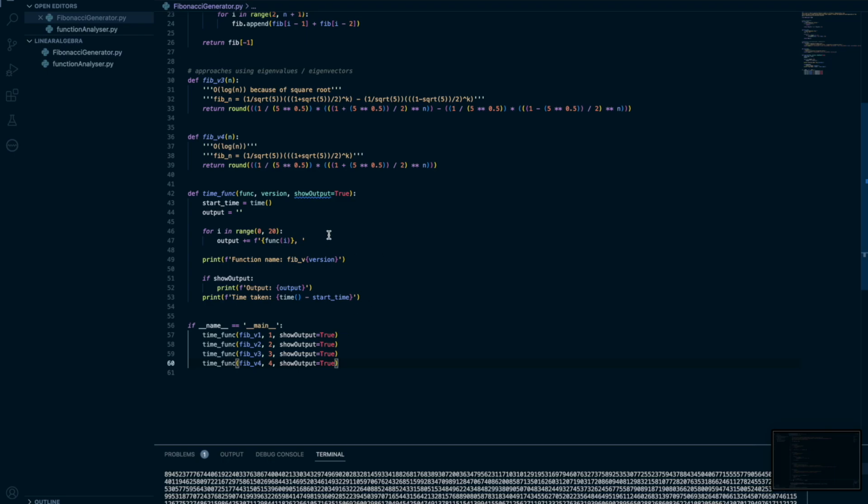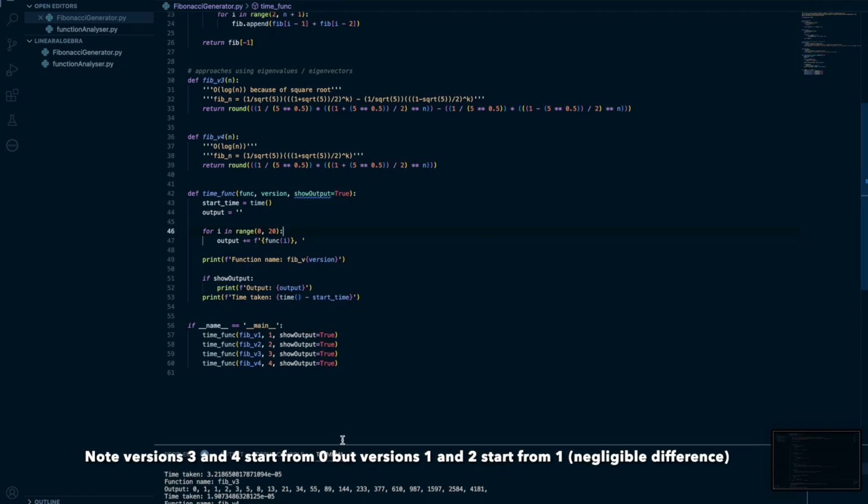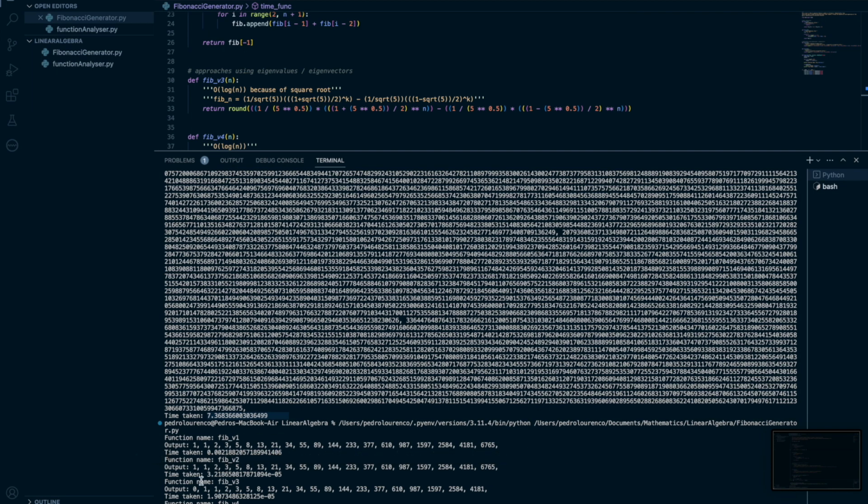So we're going to do the first 20 numbers using all 4 versions. Okay, so let's see the results. Version 1 took 0.0202 seconds. Version 2 took this long, as you can see. Version 3 took this long. And version 4 took this long.